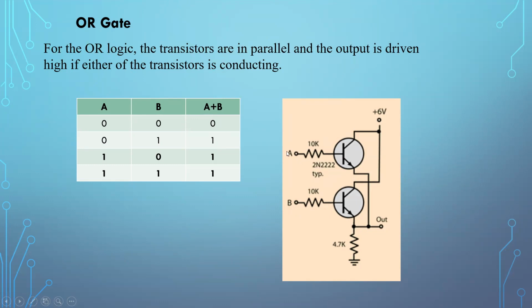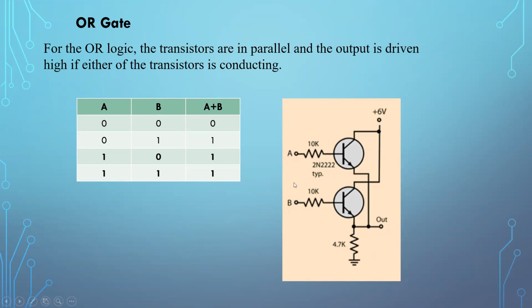Now if any one is 1, suppose A is 0 and B is 1, then this one is conducting, so IC can flow and you get a high output. If A is 1, this one can conduct, IB is flowing, IC can flow, similarly IE can flow, and again you get a high output.